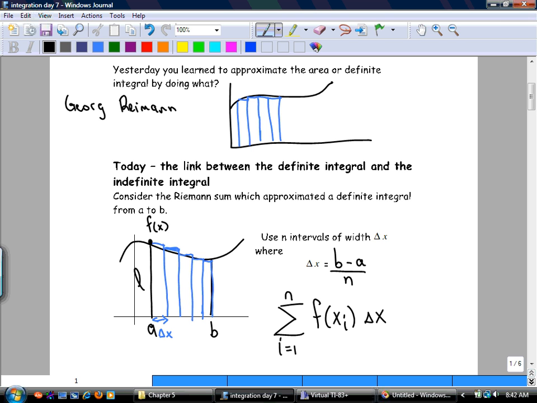And that would give you the area. That's what we did yesterday. I just didn't write it with sigma notation. We found the y coordinate, we multiplied it by the width, we added them together. And we did it as many times as I asked you to. Can you see why I might use sigma notation? It's a fast way of saying add them all up.